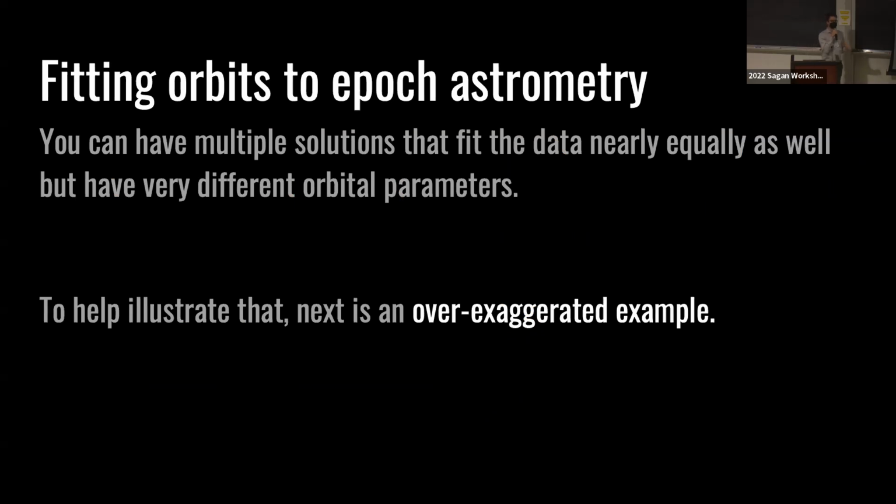So I'm going to show a very over-exaggerated example. So don't think this applies to everything, but it's an exaggerated example of how this, in some cases, can be nuanced and tricky. You can have, in some cases, multiple solutions that fit the data nearly equally as well, but are very far apart in actual parameter space in terms of their orbits.